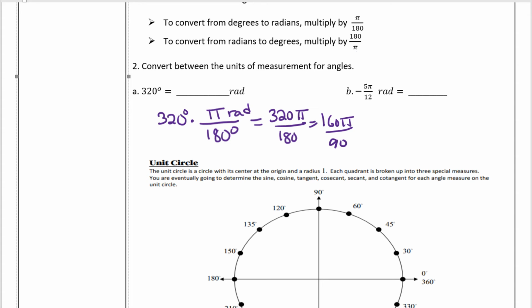Then we can divide that even more, by 2, and this will be 80 pi over 45. We can divide this even more by 5, so 16 pi over 9. Can we go even further with this? Oh no, that's it. So 16 pi over 9. Our final answer is 16 pi over 9 rads.